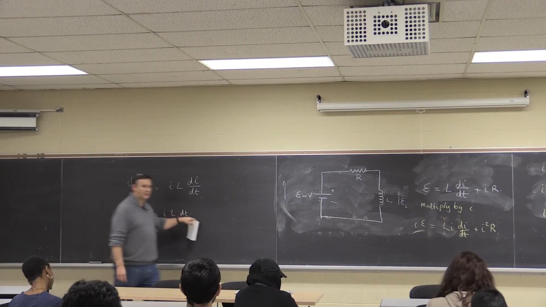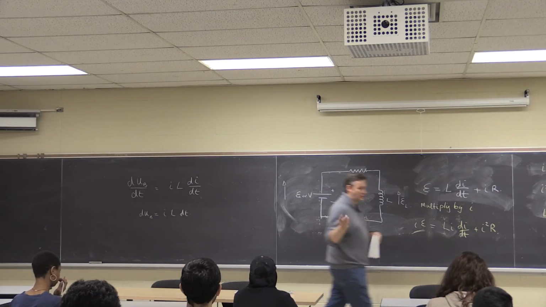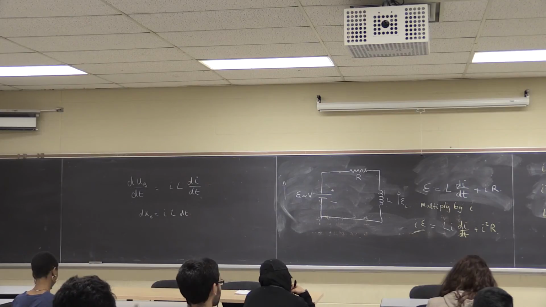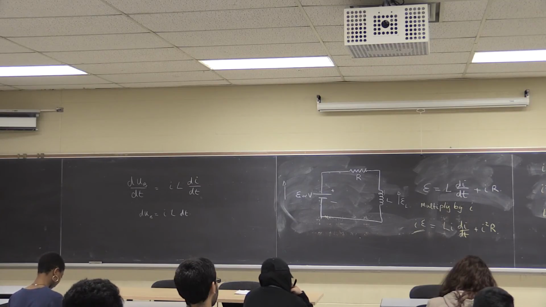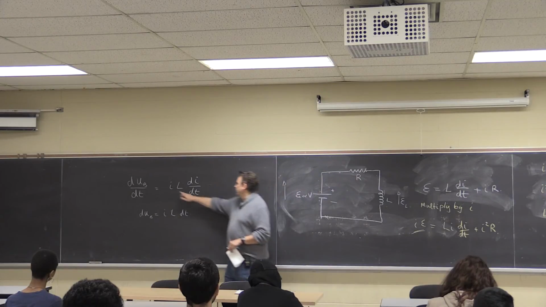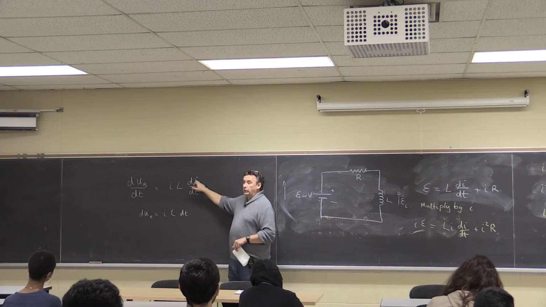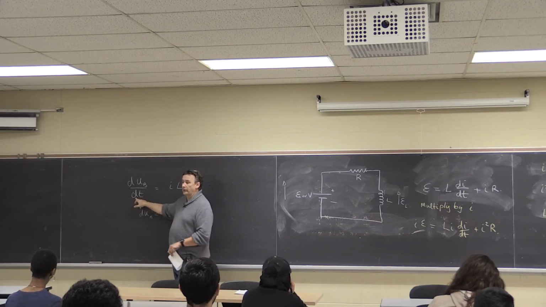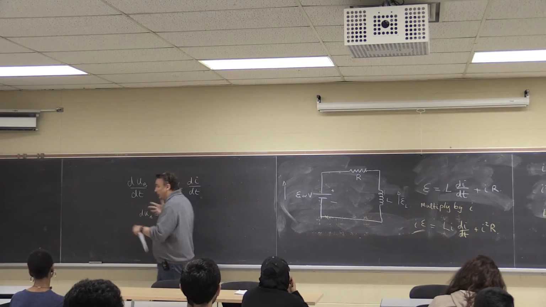Physicists do this type of stuff. They get rid of the dt's. Mathematicians hate it. But basically what I'm saying is over a small length of time, the time is going to be the same on both sides, so it would cancel out. There's going to be a small change in energy, and I know it's i times L, but it's going to be related to the small change in current.